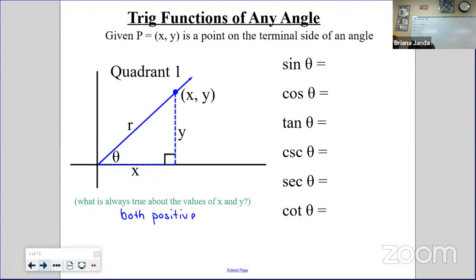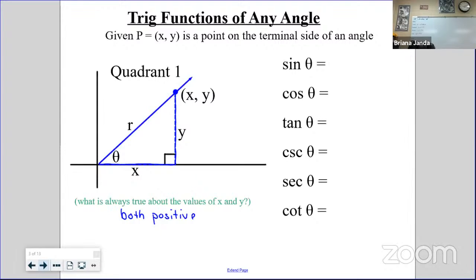Okay, now I want to give you a little bit of notation here that you're going to see. We will refer to those movements right and left as always our x value. Up and down is always our y value. And if I were to trace my way to that point, this point here, x comma y, I get this line across the bottom that we call x. I get this line up the side that we call y.